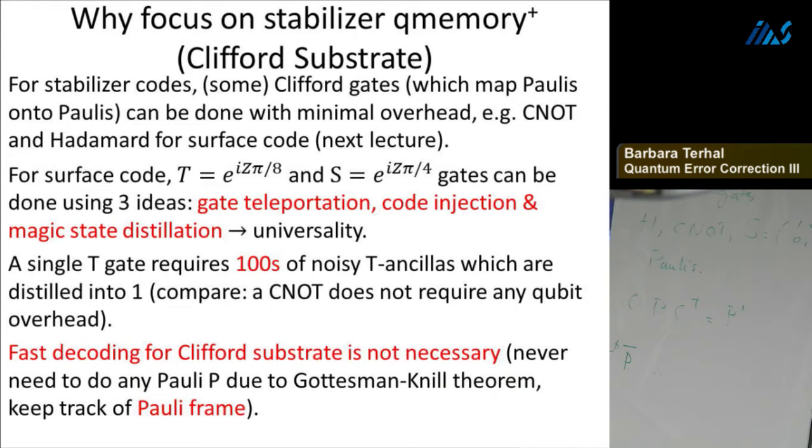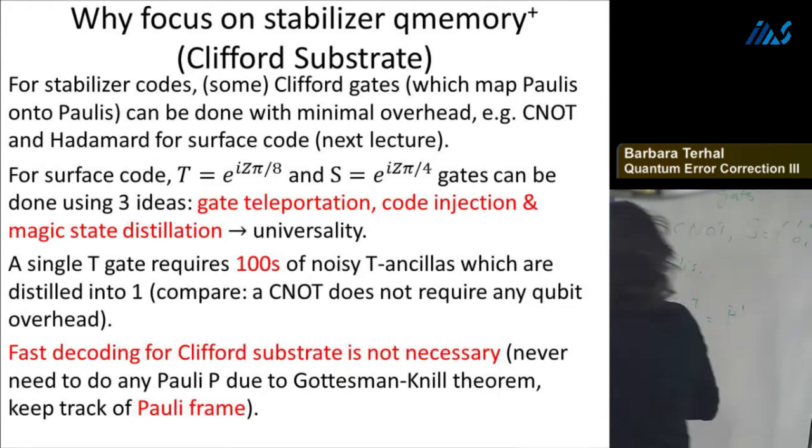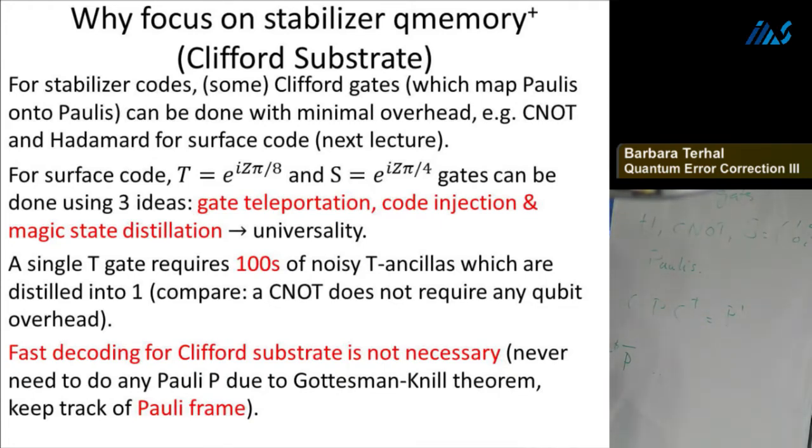So if I'm not in the original code space, but I'm in another code space that is related to the original code space by some Pauli, then that would be fine. I can write that down on a piece of paper. I never need to do that correction. I just need to know that I'm not in the original code space, but I'm in the code space labeled by different eigenvalues.